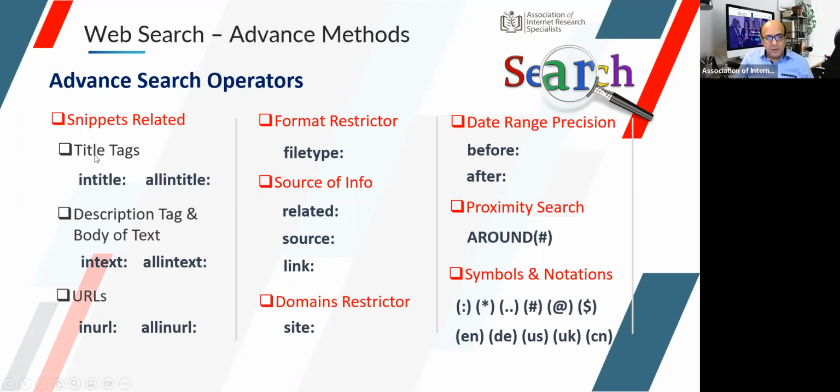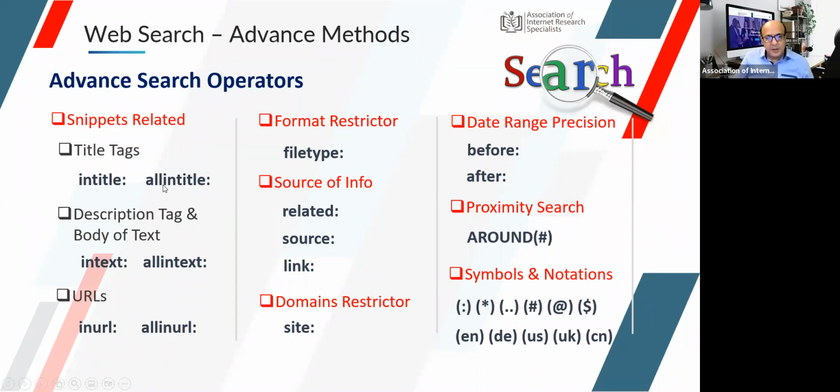Interestingly, you could see that only in the snippet advanced tags, or its advanced operators, you find that there are two versions of the same or similar operators. One says intitle, another one says allintitle. In the second one, there is intext with the colon, and then it's followed by allintext. In URL, and then there is a word all that gets attached to the original word, which means that it is now getting padded up.